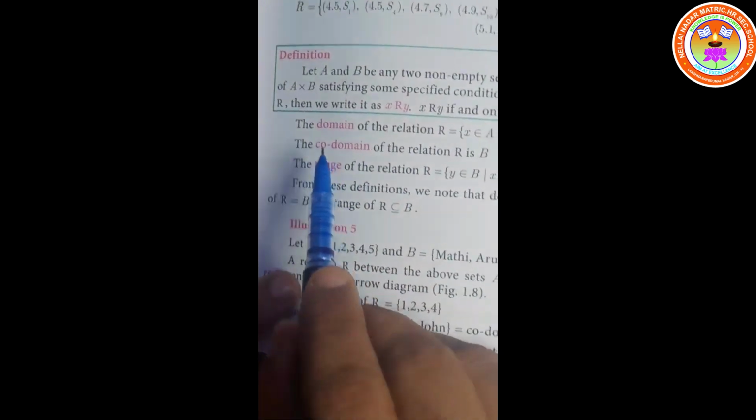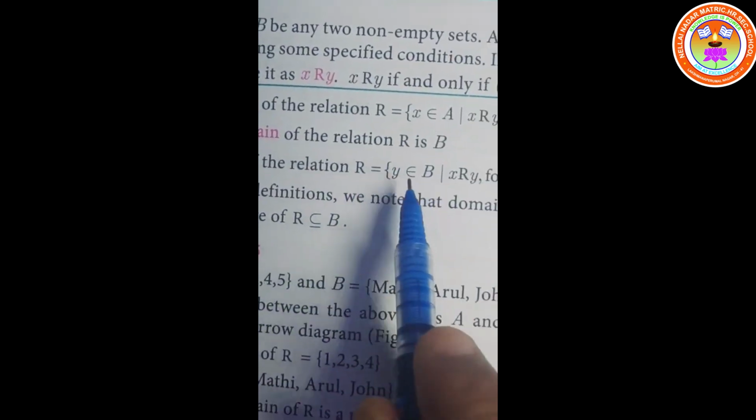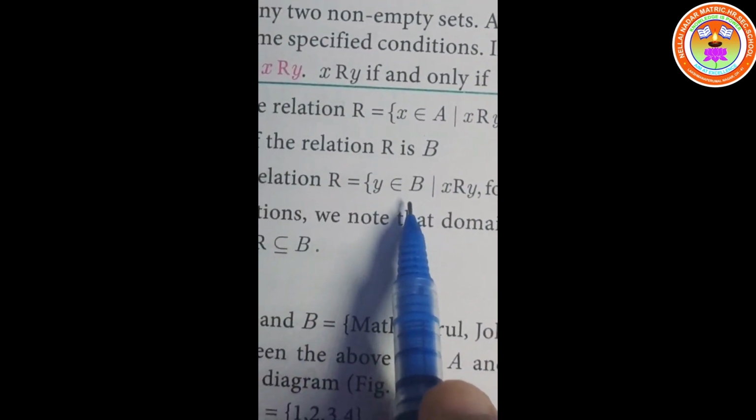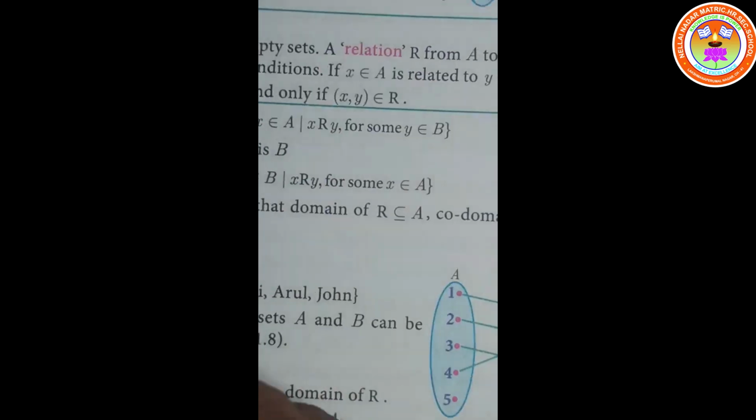Very important. Next one. The domain of the relation R equals set of all X belongs to the set A such that X is related to Y for some Y belongs to B. Codomain of the relation R is the set B. The range of the relation R equals set of all y belongs to the set B such that x is related to y for some x belongs to A. Okay, look at the difference: here x belongs to A for some y belongs to B, that is for domain.